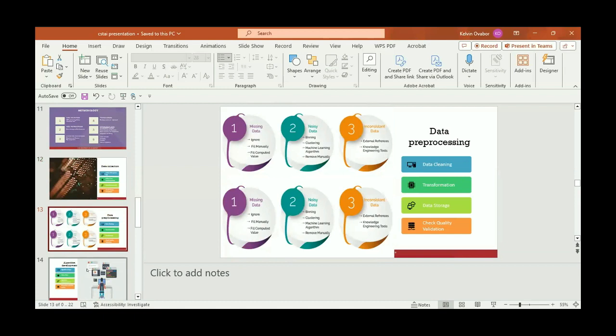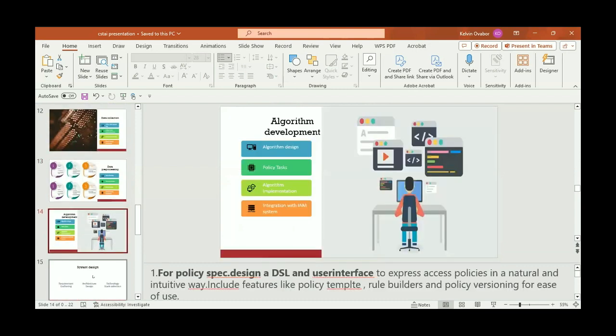Now, the next step is the data pre-processing, whereby we clean the data, we acknowledge any form of missing data, noisy data, inconsistent data, then we clean them up, transform the data storage, then we check the quality and validation of this data.